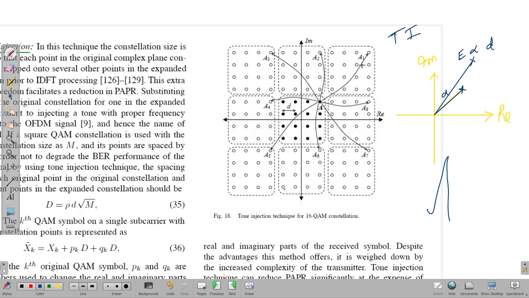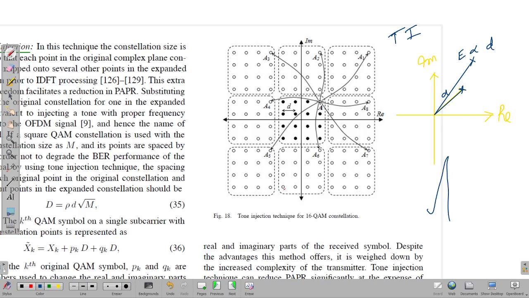If you have a peak at a particular point on the OFDM symbol, this point could be mapped onto here, where the real and imaginary parts are negative, and this will have an impact on the amplitude of that subcarrier, and this peak could be brought down by adjusting the power of the tone.